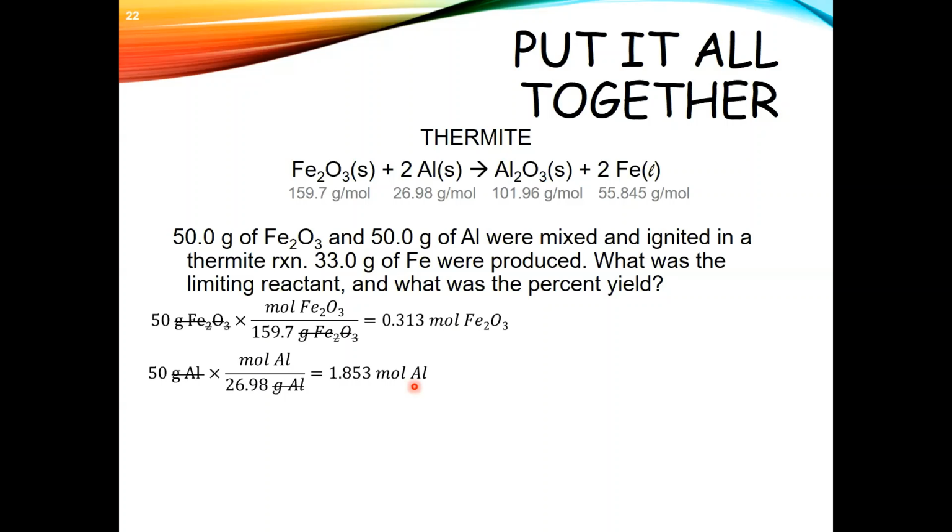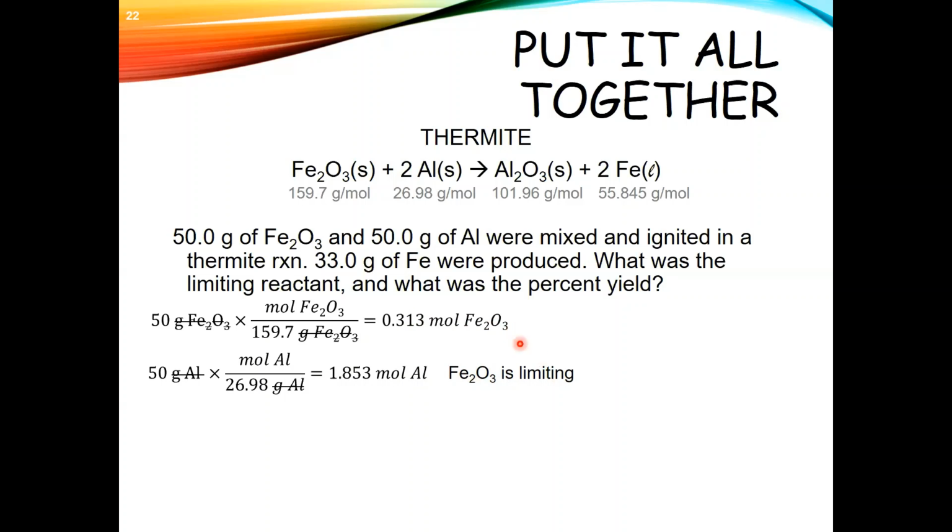Looking at our equation up here, we should have 2 moles of aluminum for every 1 mole of iron 203. But down here, 1.8 compared to 0.3, 1.8 is about 6 times greater than 0.3. That means we have a lot of extra aluminum. So our aluminum is going to be excess. Our iron 203 will be our limiting reagent.